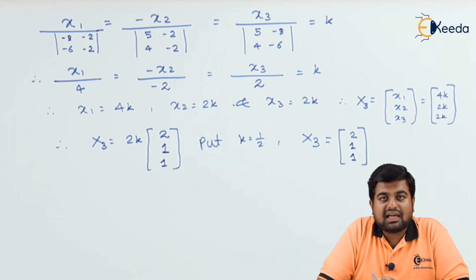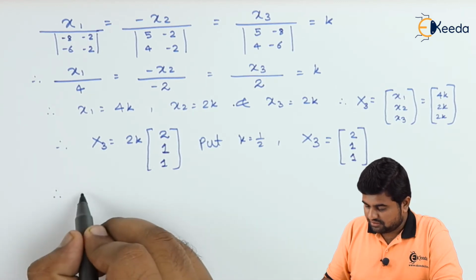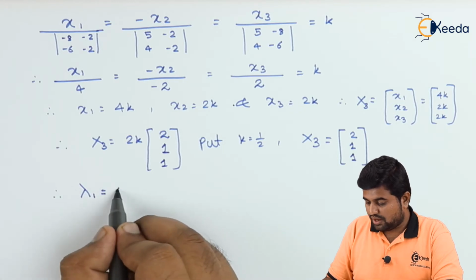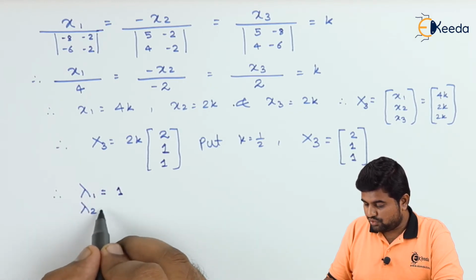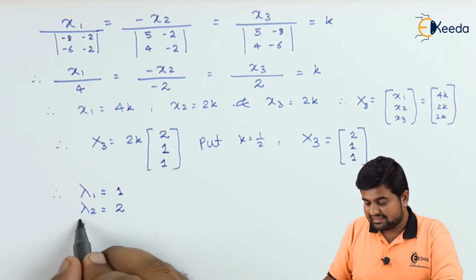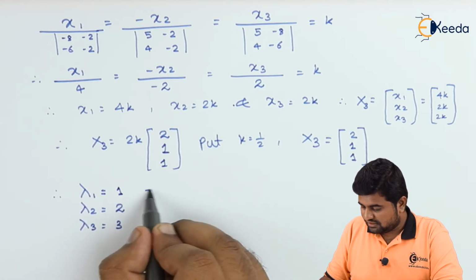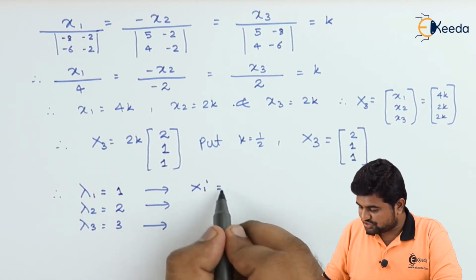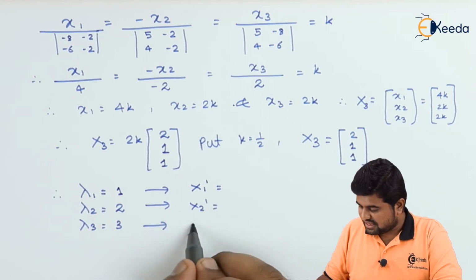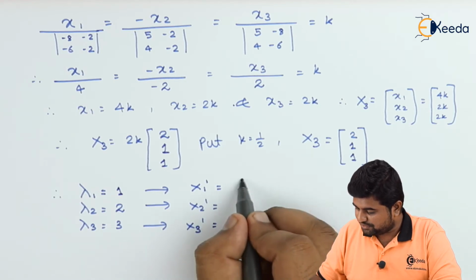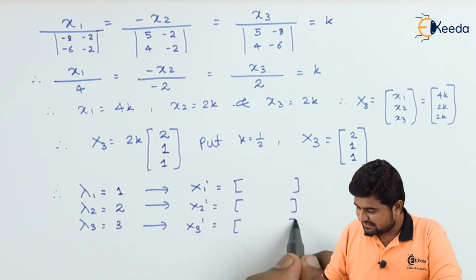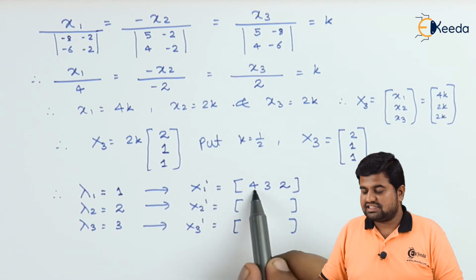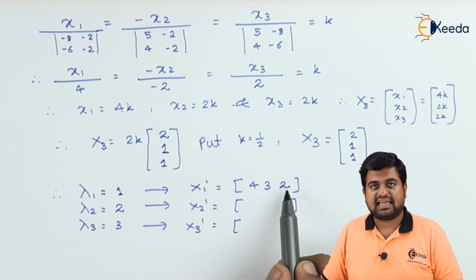So for lambda is equal to 1, therefore lambda 1 is equal to 1, lambda 2 is equal to 2 and lambda 3 is equal to 3. And the particular vectors x1 dash, x2 dash and x3 dash is going to be, for lambda is equal to 1, x1 dash is 4, 3 and 2, which is the first eigenvector.